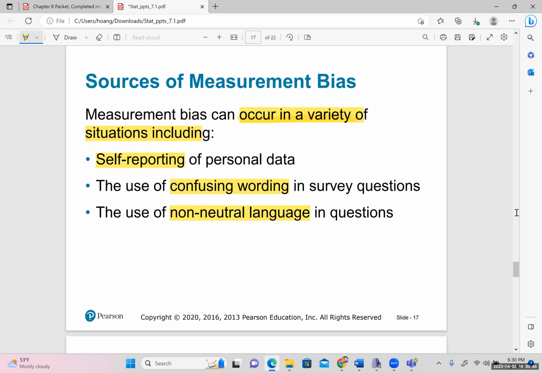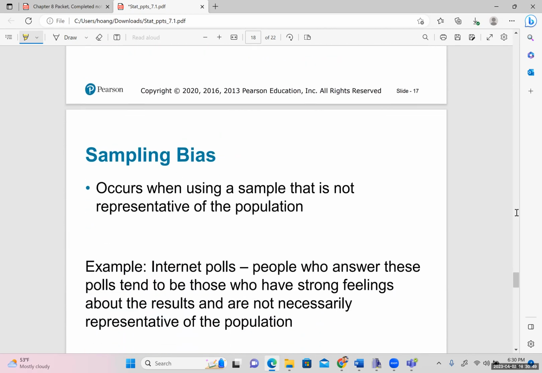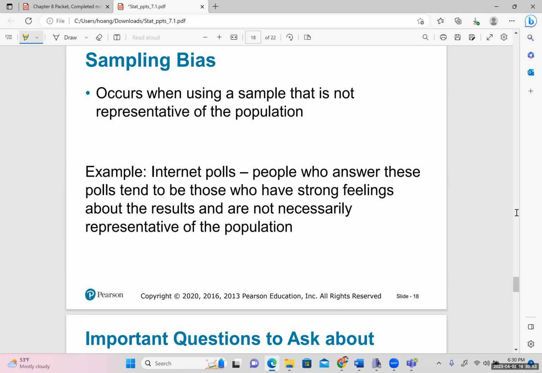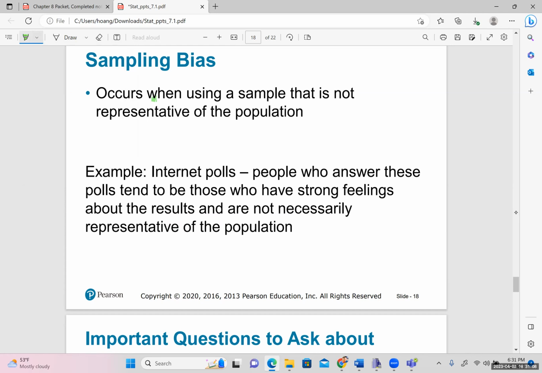So we move to the next case, sampling bias. Sampling bias occurs when using a sample that is not representative of the population, right?